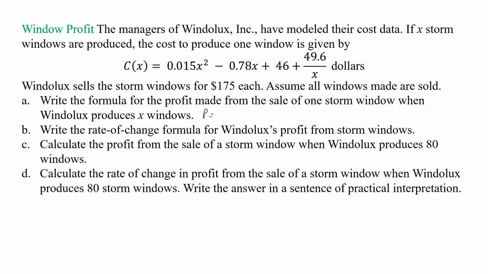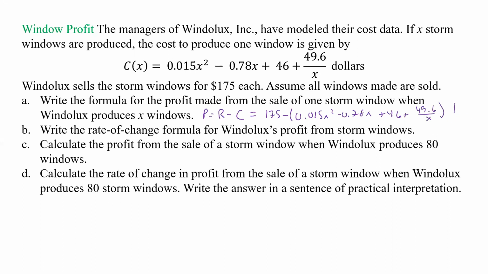Profit is going to be basically our revenue, how much we sell it for, minus our cost, however much that was. So that's going to be kind of our formula we're going to use. And so if we do that, our revenue is going to be 175 minus our whole C of X. And so if we put that whole thing there, 0.015x squared minus 0.78x plus 46 plus 49.6 over x.